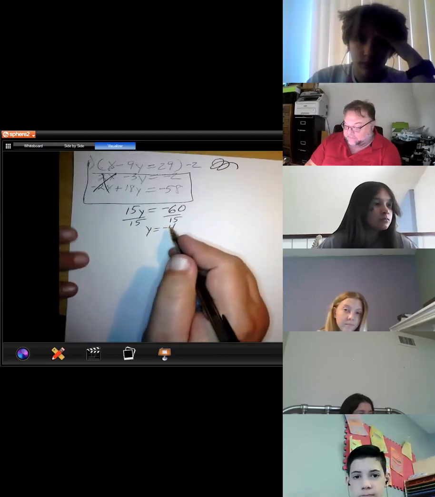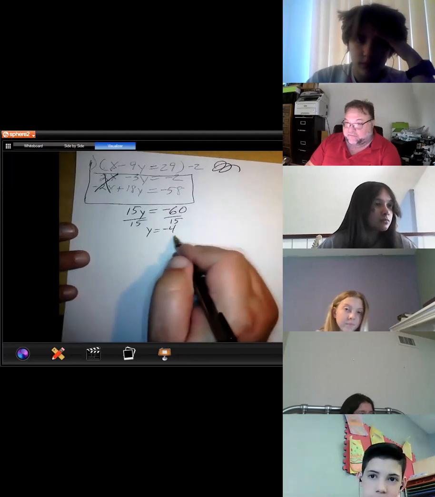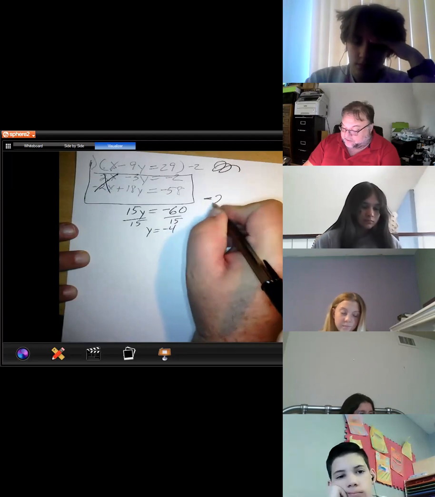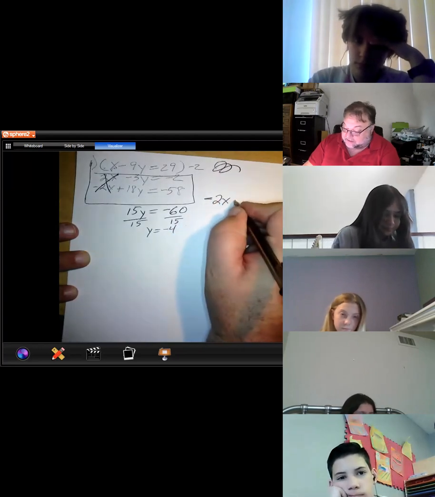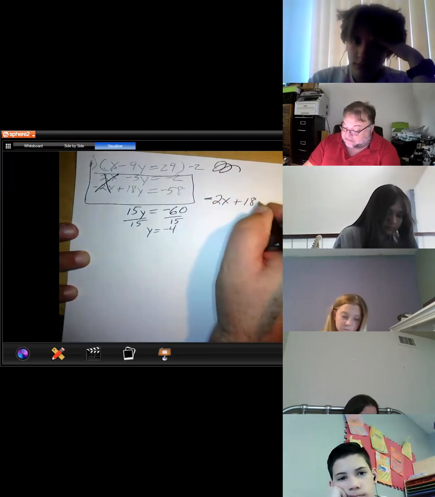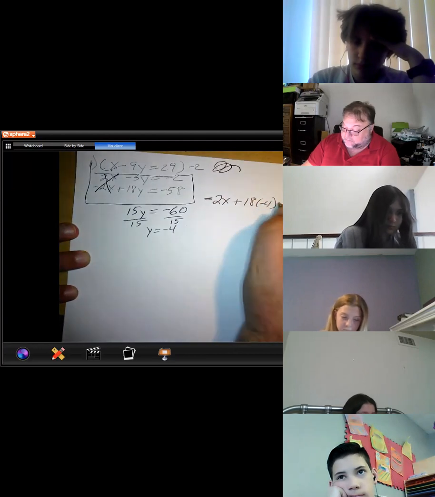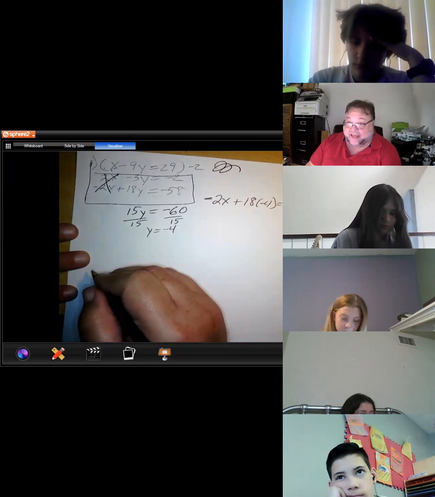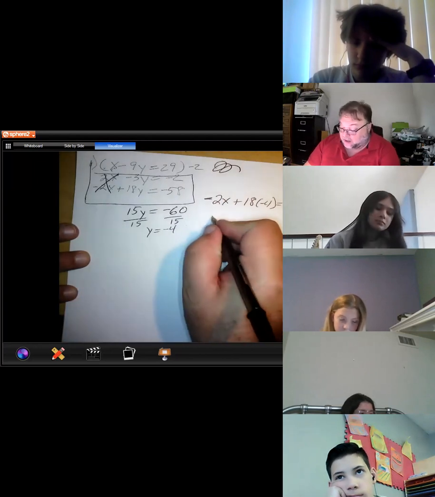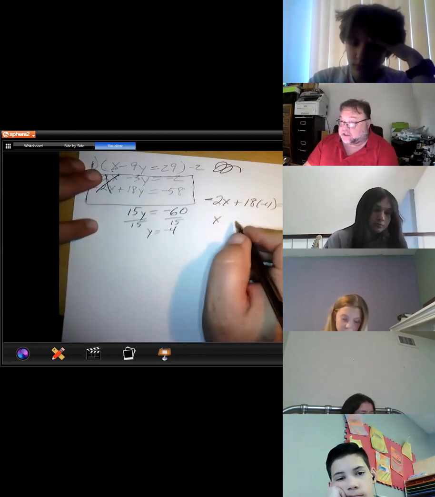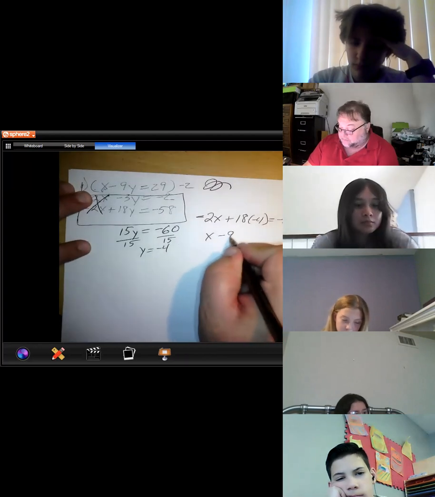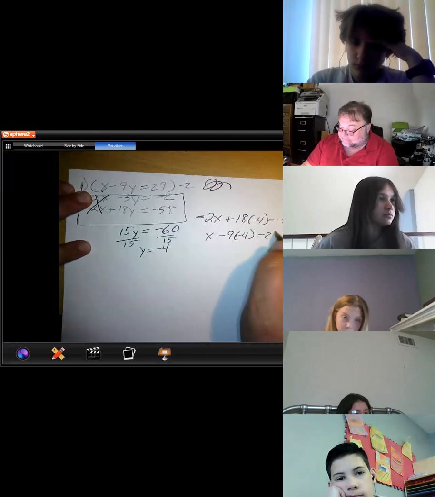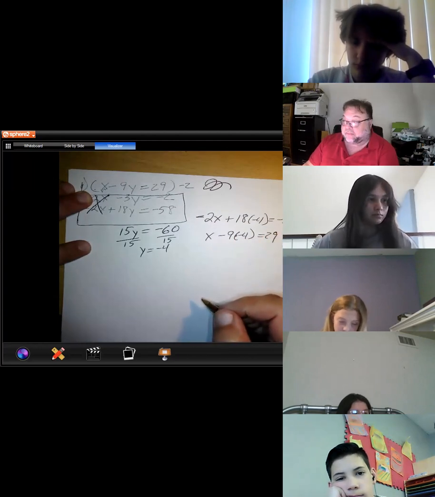So if I want to find the value for x, then I'm going to take this -4 and plug it in. So I can either do that, that's one possible way, or I can take a look at this original equation and do it that way.